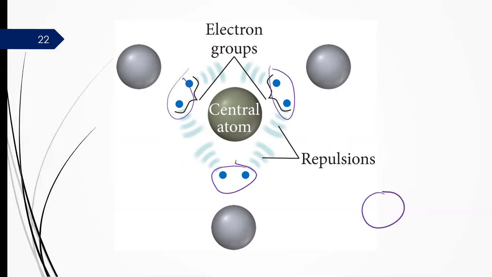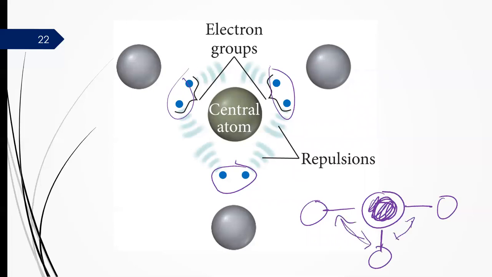If we had them clustered together, similar to this, with this being our central atom, our third one could come in here, but it would be significantly closer to both of these than if they spread themselves out like this inside of a triangle looking shape. And so this is what VSEPR theory does: it looks at that central atom, it looks at how many things we have to connect, whether that's lone pairs or bonded atoms, and then we spread them around.